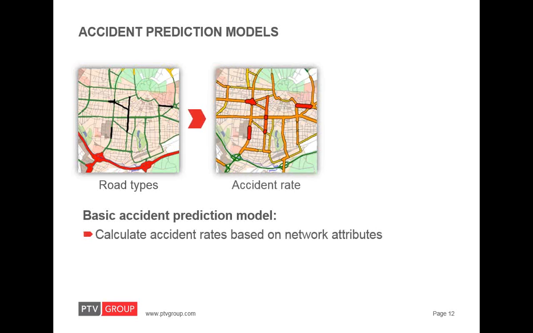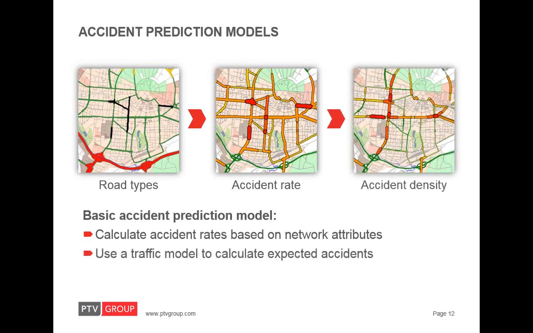And if you have the accident rate, that's the number of crashes per million vehicle kilometers, then you can multiply this by the traffic volume, the number of vehicles, to get an accident density, which you can then sum up to give you an expected accident count, or if you have these cost rates, an expected accident cost.